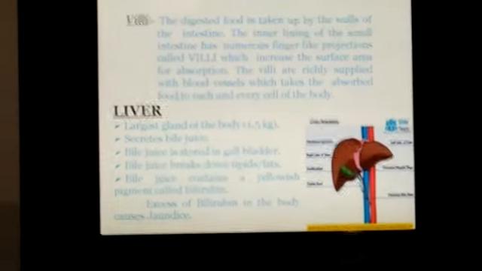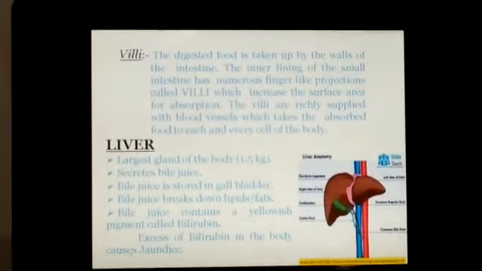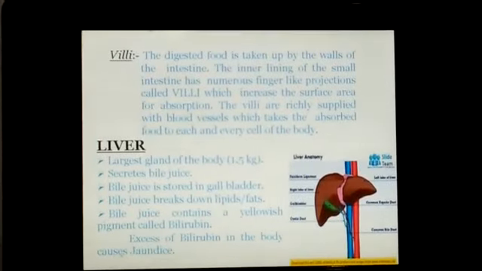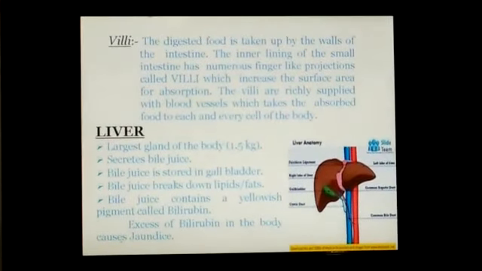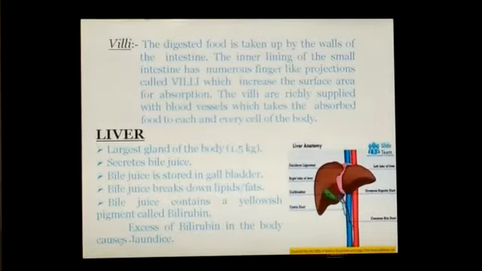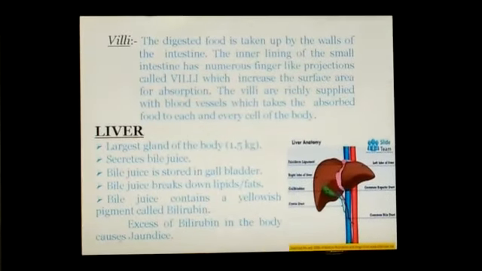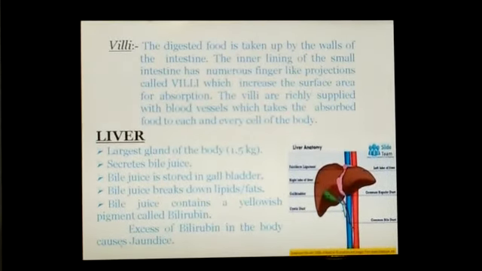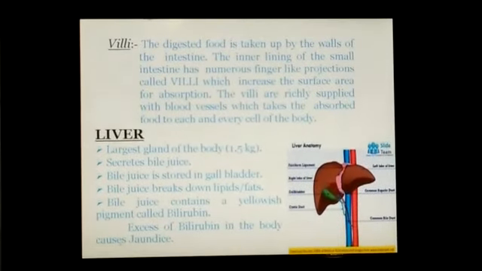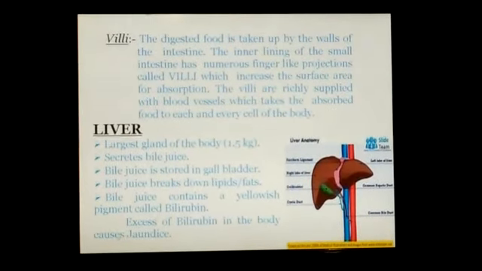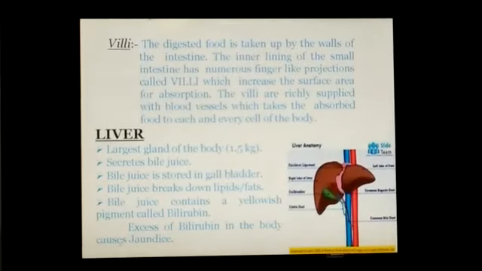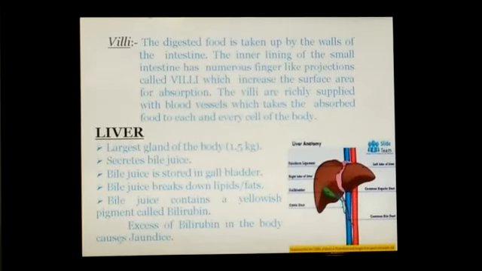Ultimately, whatever you eat has to reach the bloodstream, right? So whatever is present in the small intestine is absorbed into the bloodstream, and that is done more efficiently by the villi. They are small microscopic structures, and they increase the surface area for absorption.